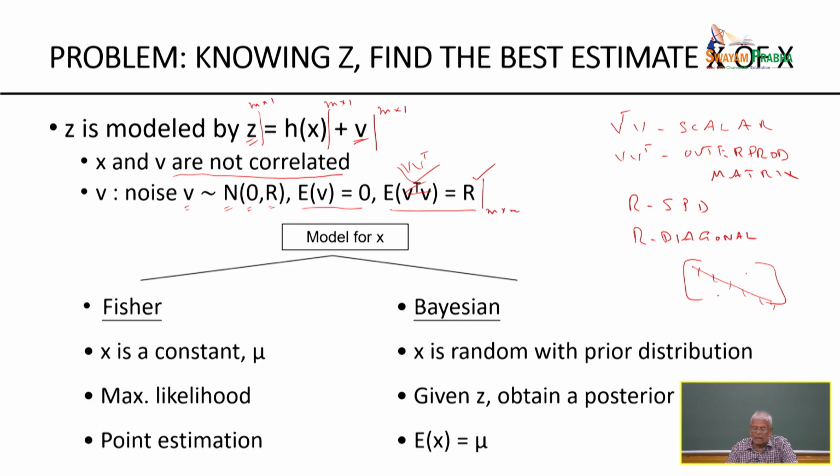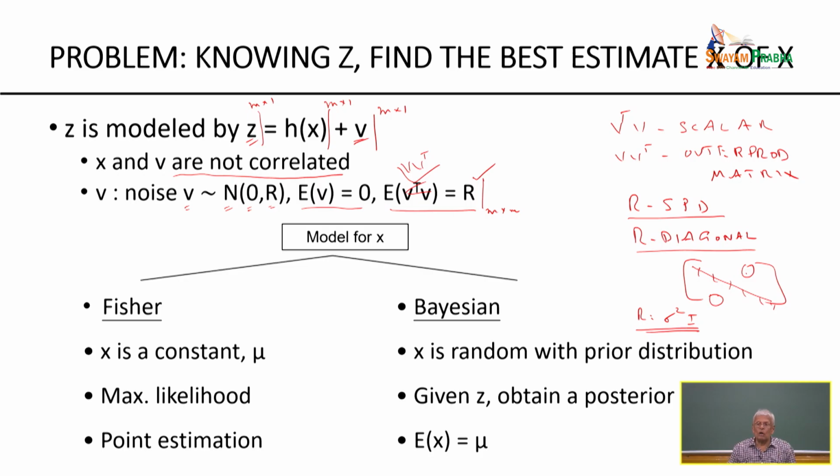Sometimes the measurement noise affecting the components zi and zj is not correlated. In that case, the off-diagonal elements are 0. So in general, R could be an SPD matrix. In a special case, it could be a diagonal matrix. In a further special case, R could be sigma square I, where all the diagonal elements are the same.